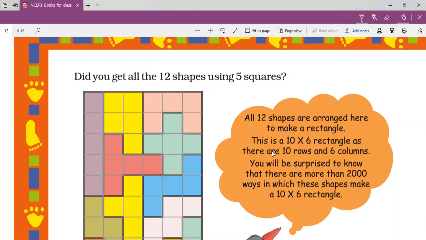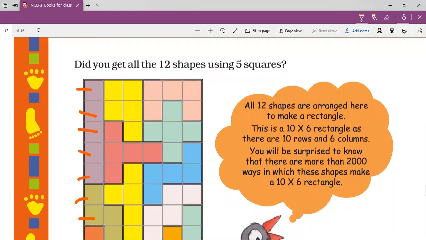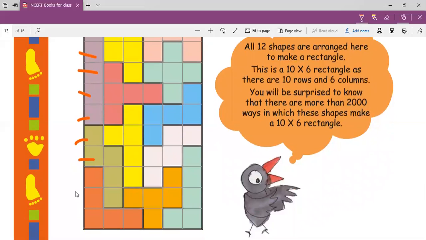If you observe it properly, it is having 10 rows. 1, 2, 3, 4, 5, 6, 7, 8, 9, and 10, and 6 columns. 1, 2, 3, 4, 5, 6. 6 columns.